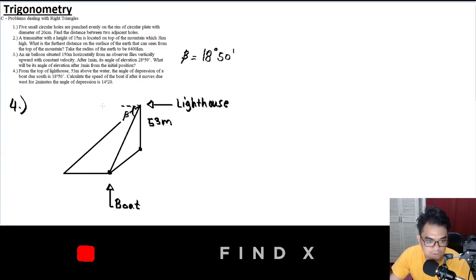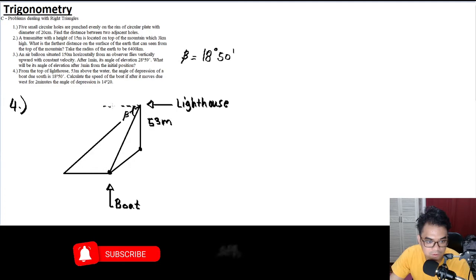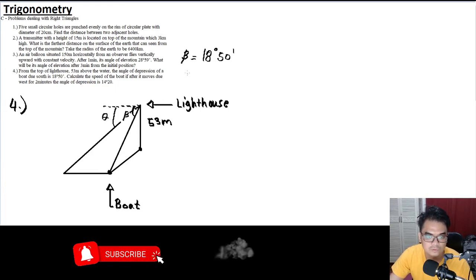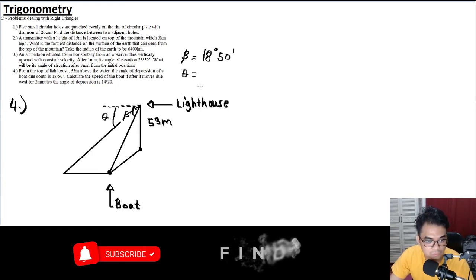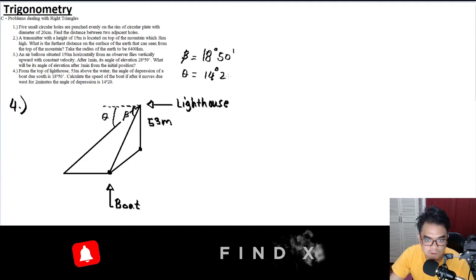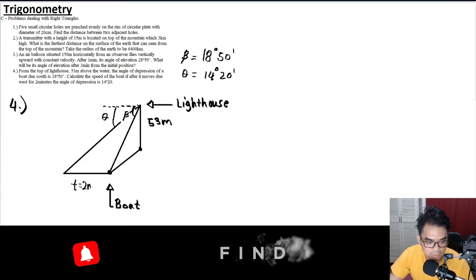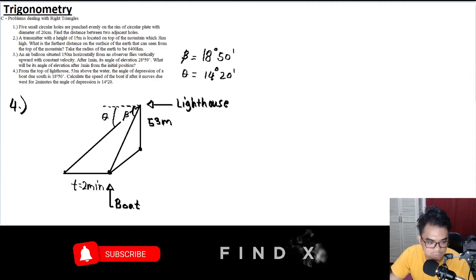And then we'll have a different angle of depression here, right? So the angle of depression of this one, let's just call this theta. So theta now will be equal to 14 degrees, 14 minutes and 20 seconds. The time here is equal to 2 minutes.